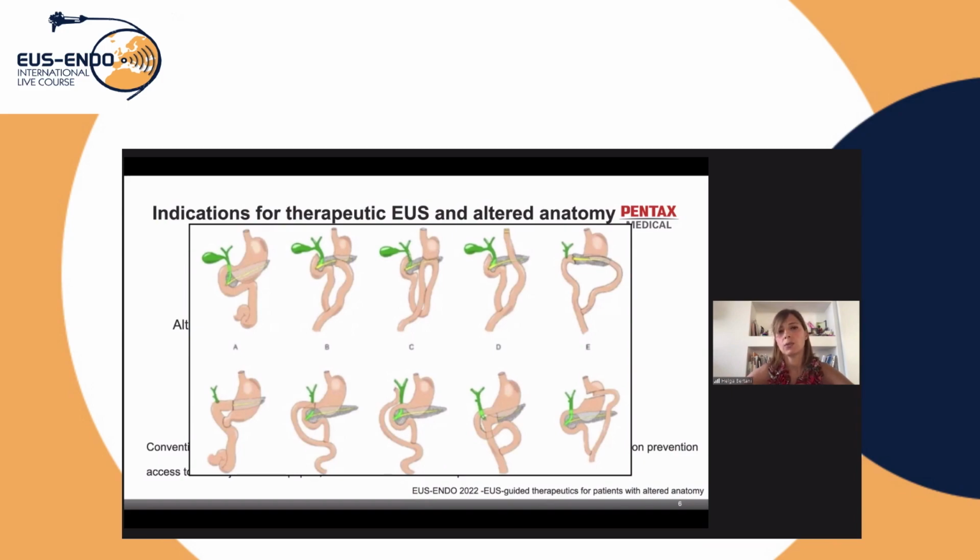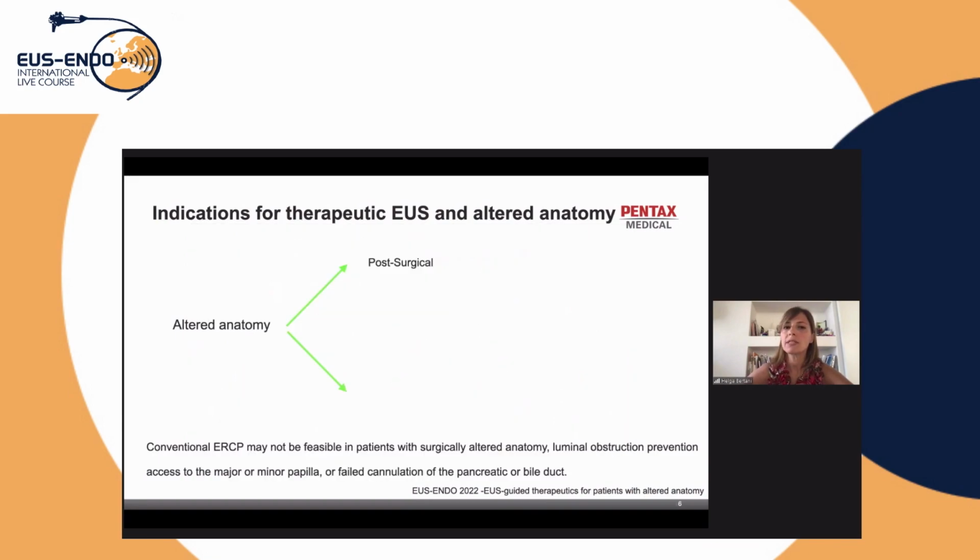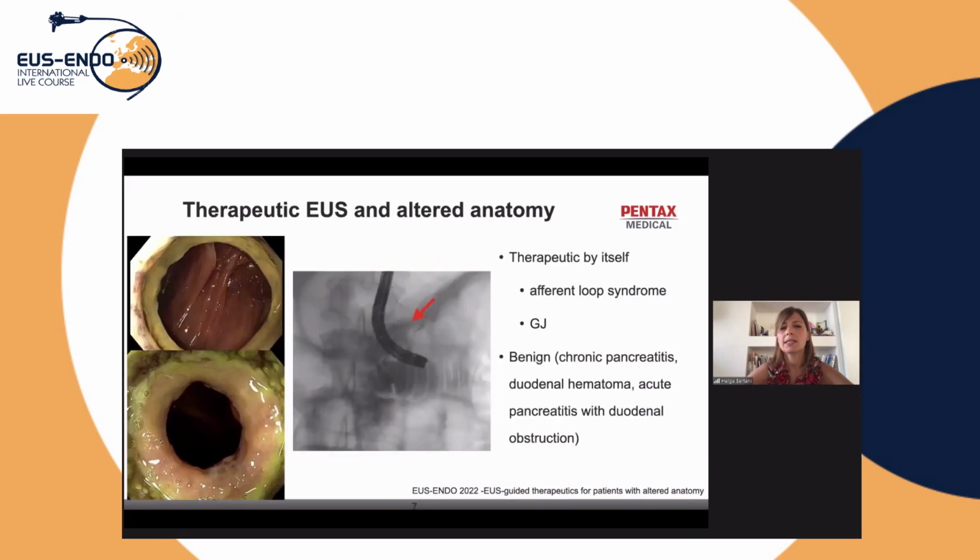Before starting this procedure, we need to know the anatomy, because we have to know which limb is closest to the target organ. But moreover, it could also be luminal obstruction, not only for neoplastic reasons, but sometimes due to benign lesions, like a duodenal hematoma, or acute or chronic pancreatitis.